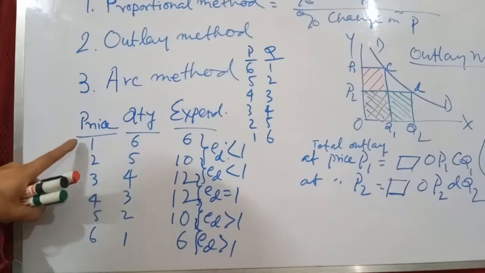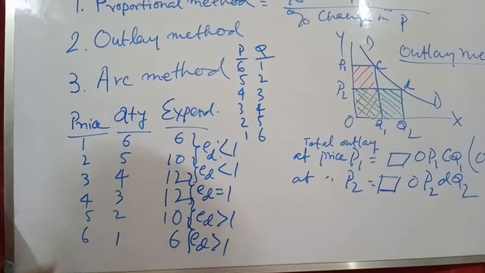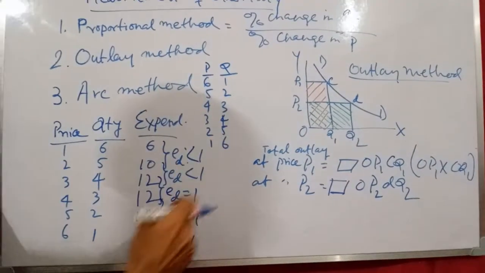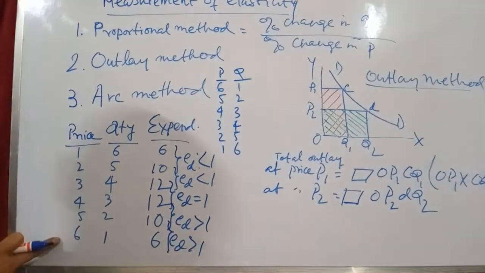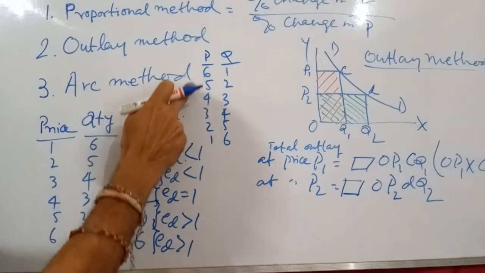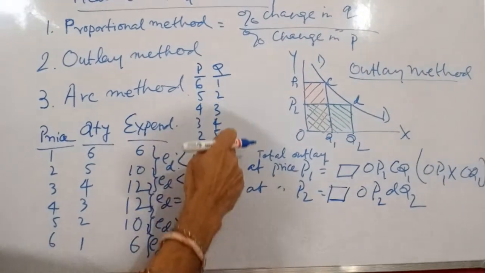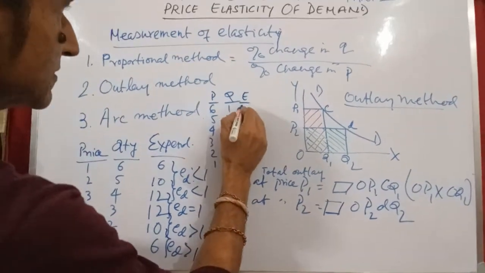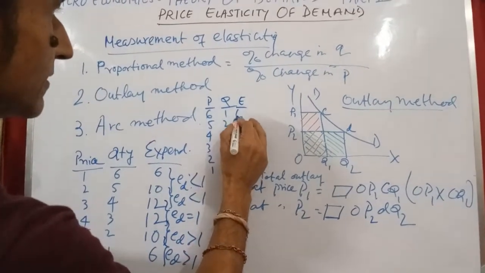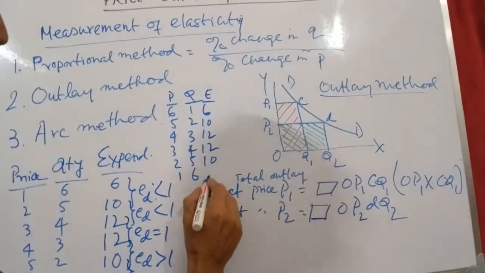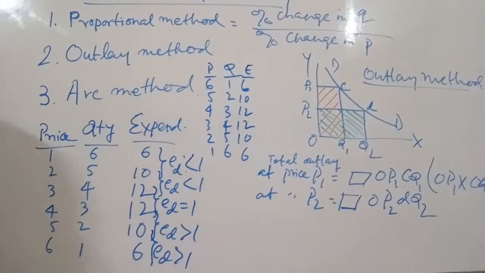Here we showed that price was increasing, and here we see that price is falling. Here price was increasing, as a result quantity demanded was falling. Here price is falling, as a result quantity demanded is increasing. Now expenditure 6, 10, 12, 12, 10, 6.